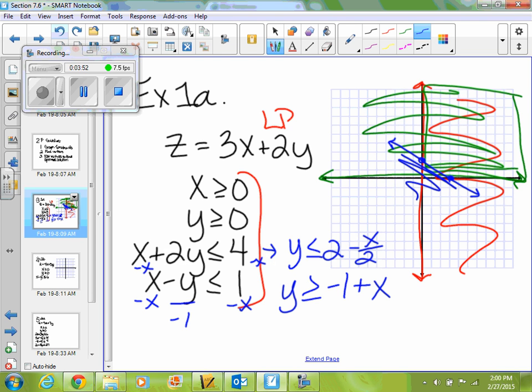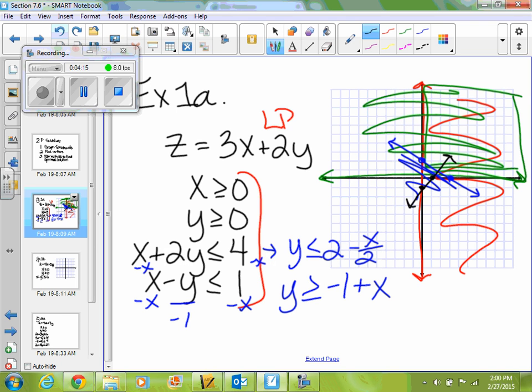You can just do a sketch. We're sketching them at first. That's the first part of your linear programming, is to graph your constraints. If I look at -1 plus x, I know that that crosses my y-axis at -1 and my x-axis at +1. So that's my graph.